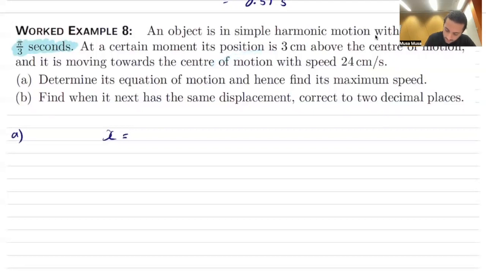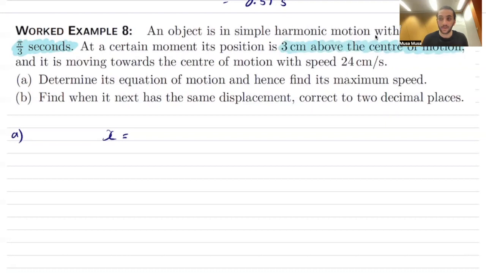So at a certain time, 3 centimeters above the center of motion. We haven't been given any other information about the displacement equation. There's this whole speed business that's got to do with velocity. The fact that we have so little means we have a lot of flexibility with the formula that we choose and with the assumptions that we make.